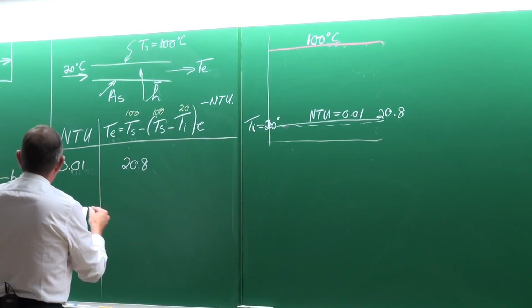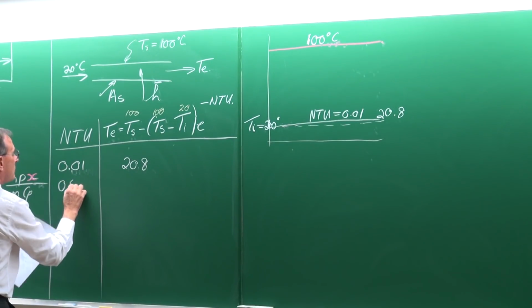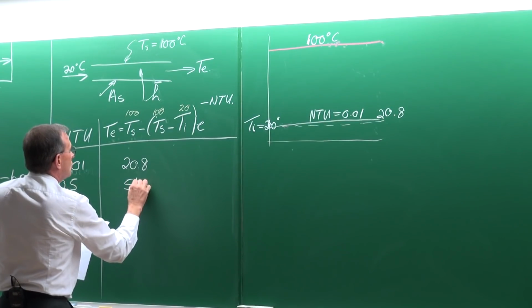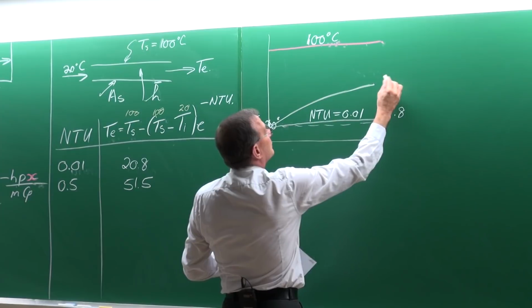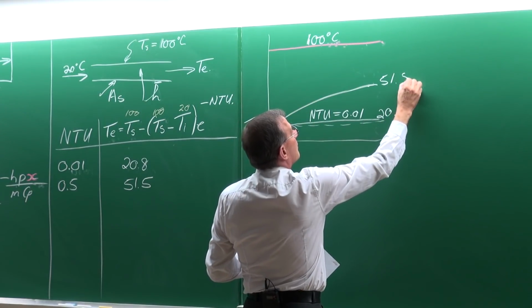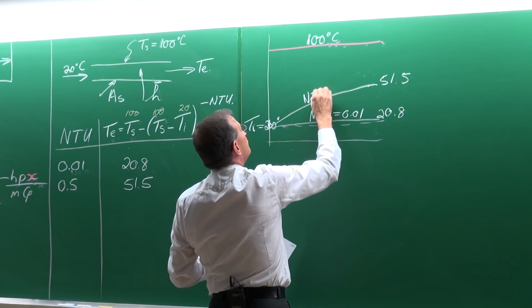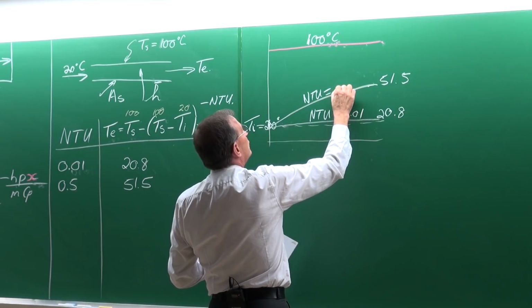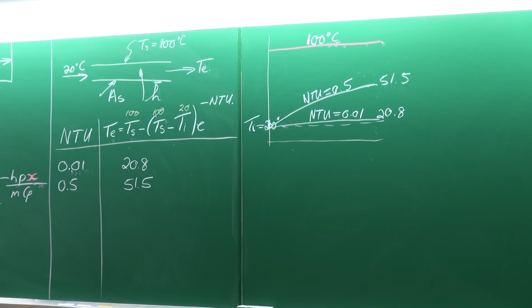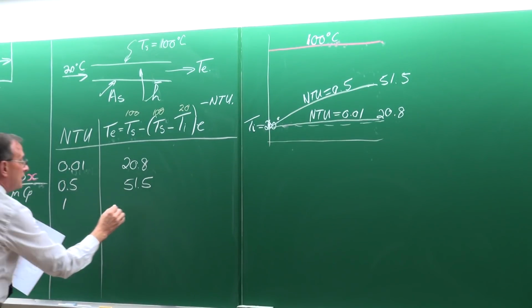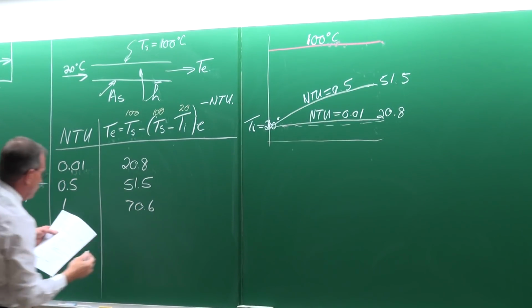If we increase it to 0.5, the outlet temperature will increase to 51.5. That is for an NTU of 0.5. For an NTU of 1, it will increase to 70.6.